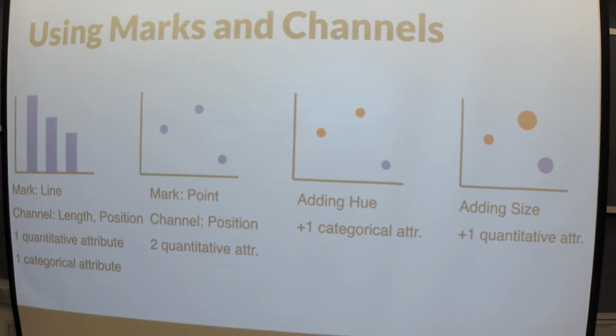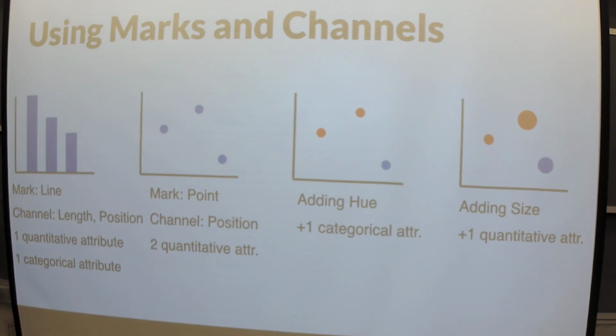If we wanted to use a point mark, we could use the position channel to create a scatterplot and show two quantitative attributes. So here we only have position as our visual variable or channel, and the items are visualized as just points.